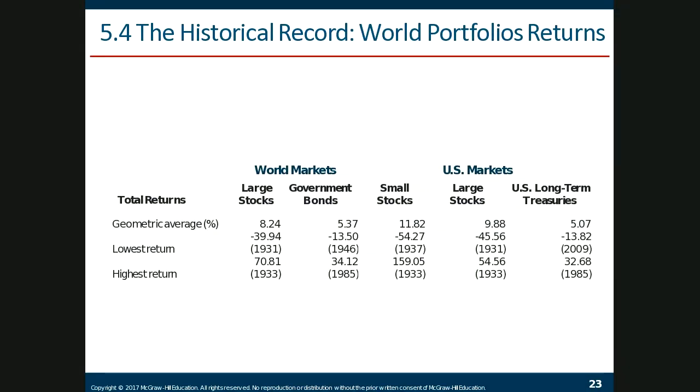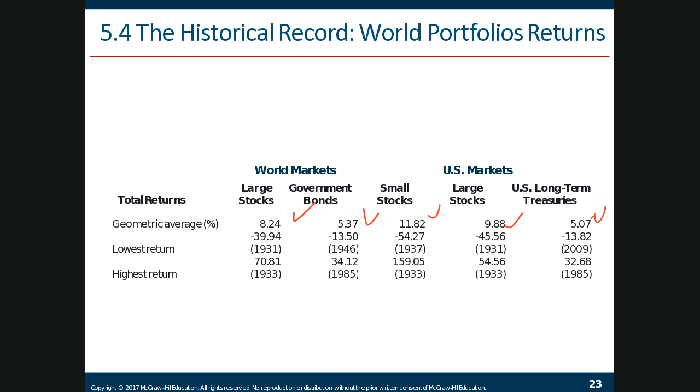Then the return that you are getting, however, you can see is very different. The geometric average ranges from 8%, 5%, 11, 9, 5, 9, and 5, all of these. Then what about the lowest return?